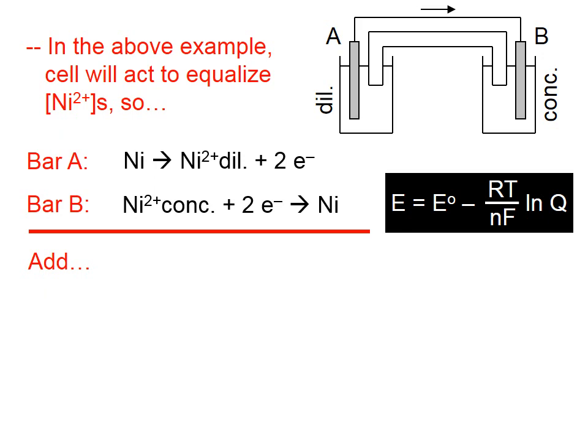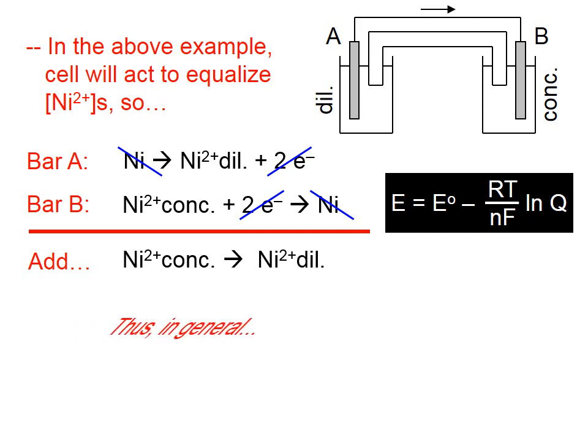If we were to add these two, because that's what we do in finding an overall reaction, we add the oxidation and we add the reduction half reactions. We can think of the nickel as canceling, the electrons as canceling, and we end up with, in essence, nickel 2 from the concentrated side turning into nickel 2 from the diluted side.